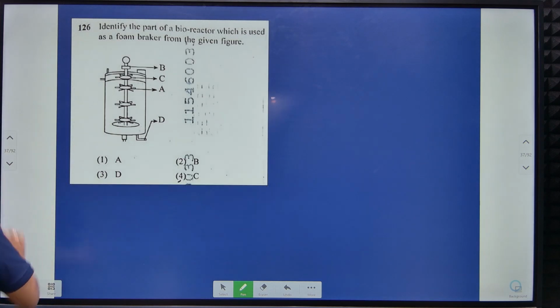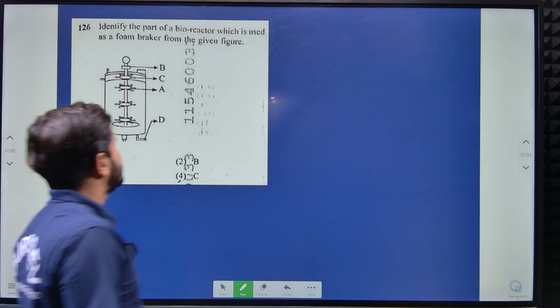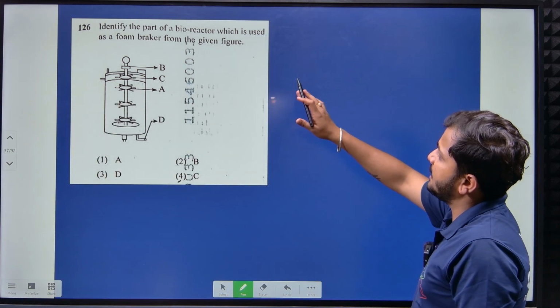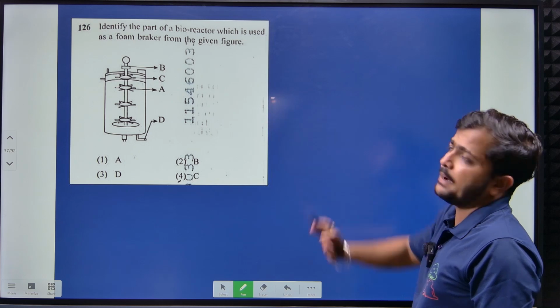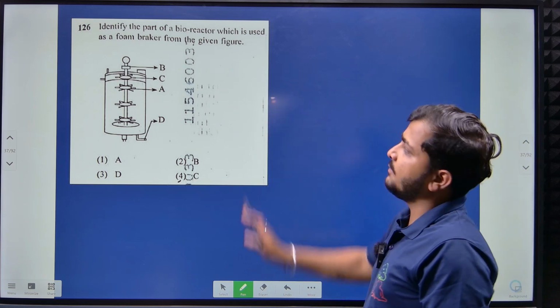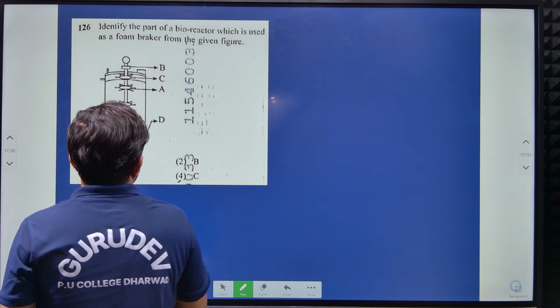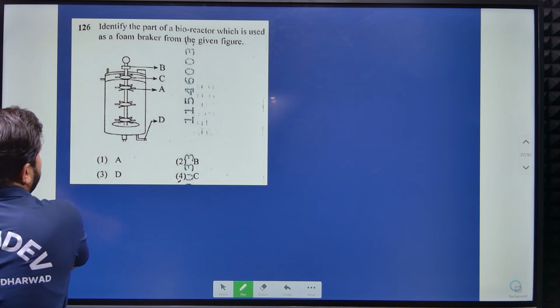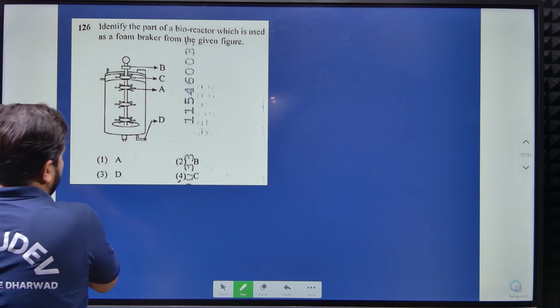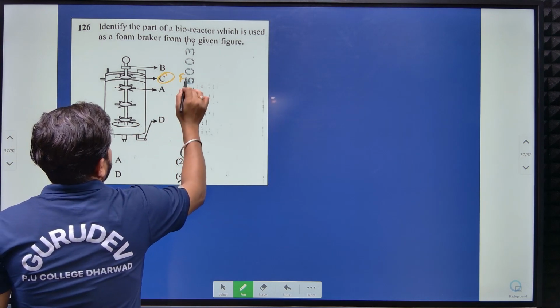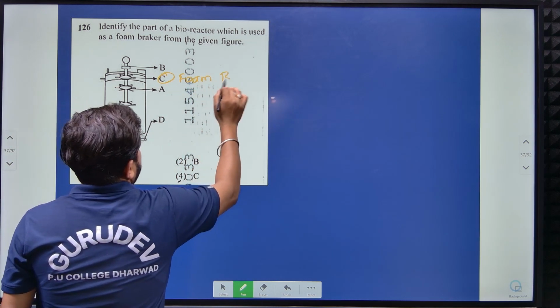So here option 2 is correct. Then moving on to the next: identify the part of the bioreactor which is used as the foam breaker from the given figure, right? So we have to find the correct foam breaker. Foam breaker is related to the part C, which is known as the foam breaker, right?